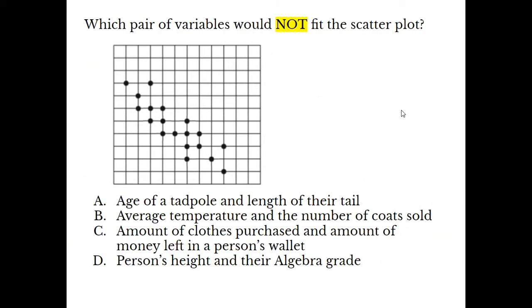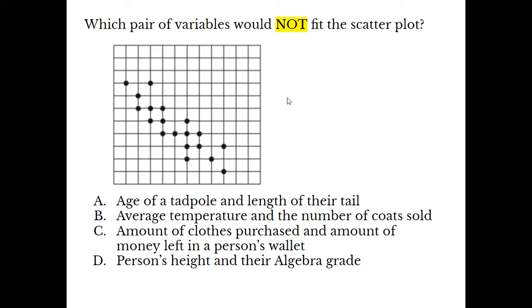Here we're asked which pair of variables would not fit the scatter plot. So here you can see a negative correlation. If I were to put age of a tadpole and length of their tail as the x and the y-axis, would it fit the scatter plot? So remember, with a negative correlation, as one thing increases, the other decreases.